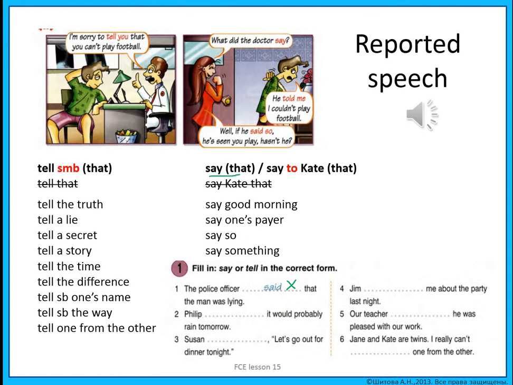Philip said it would probably rain tomorrow. What do we use here? You have no object. So we use said. Susan said, let's go out for dinner tonight. It's direct speech.